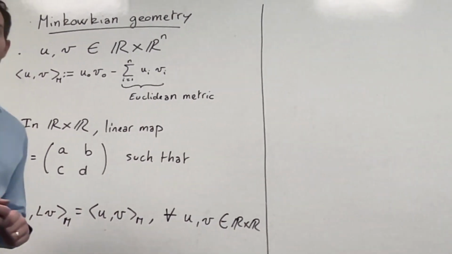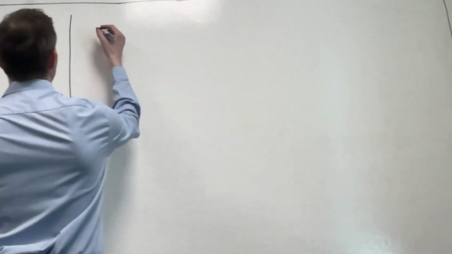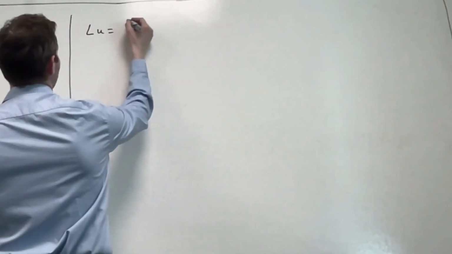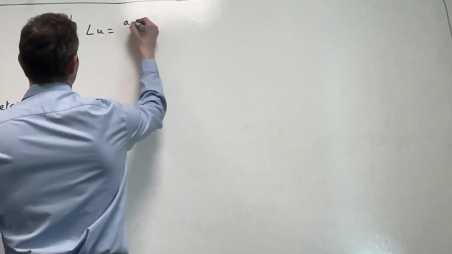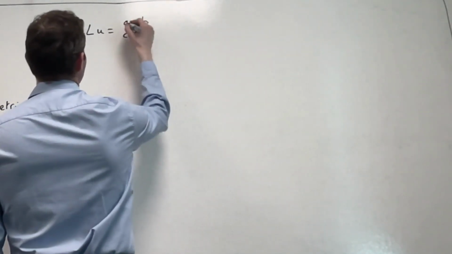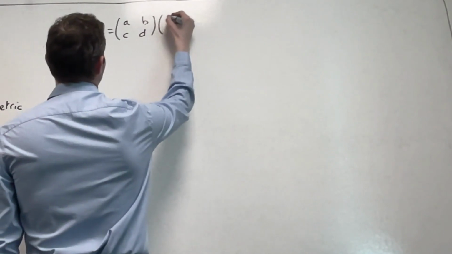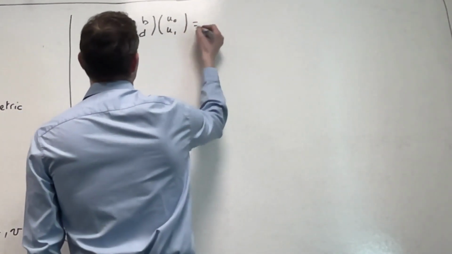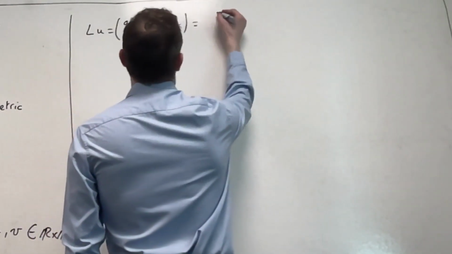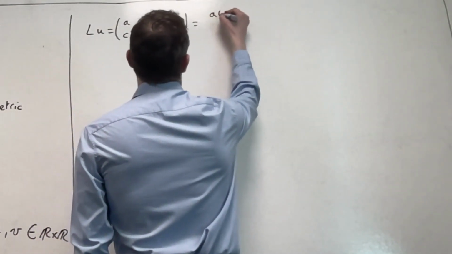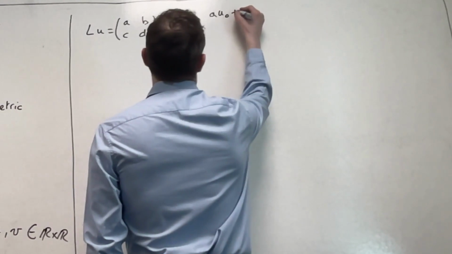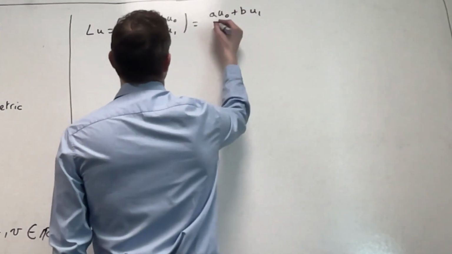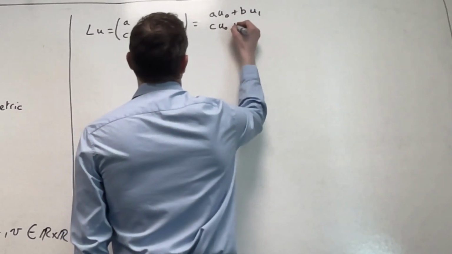So first of all, let's try to find out what LU is. For whatever u is going to be, this is the matrix A, B, C, D, and then here I've got u naught, u1. That is equal to A u naught plus B u1, and then here we've got C u naught plus D u1.